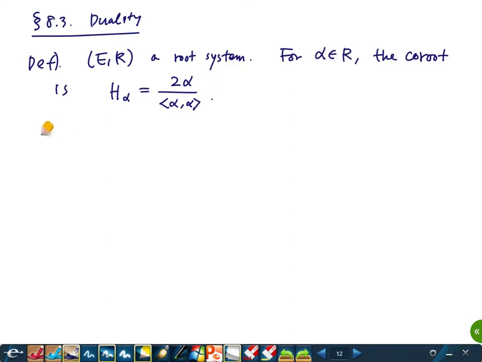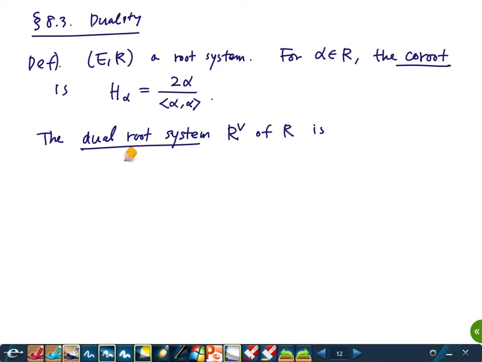And the definition of the dual root system, denoted R check, is, of course, the set of all co-roots. You just collect all the co-roots.